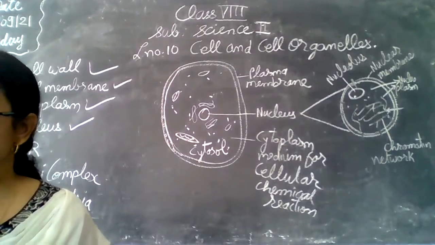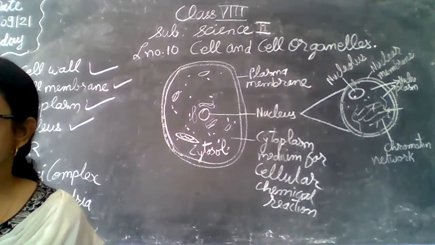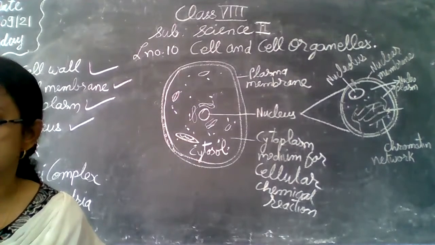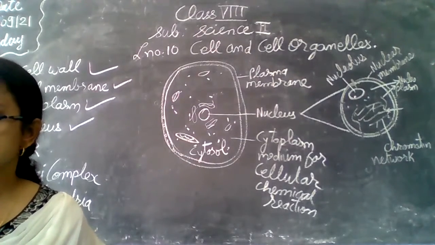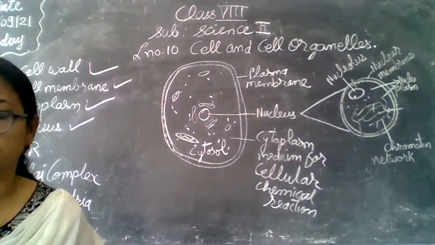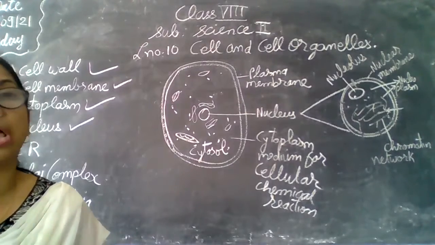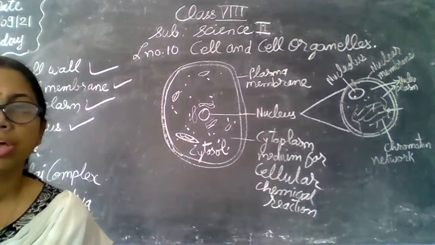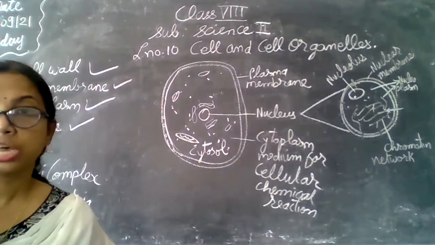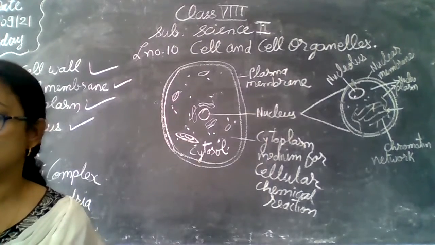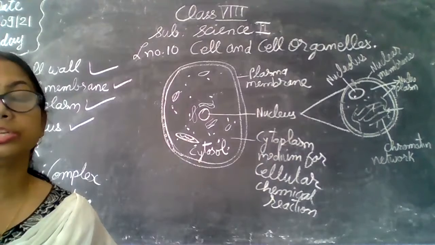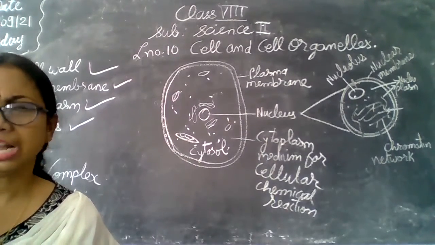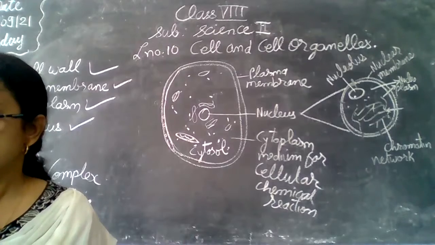Okay. Now, chromatin fibers are very thin thread-like structures which condense to form short and thick chromosomes at the time of cell division only. Otherwise, they are just thread-like fibers spread inside the nucleus. Only during cell division, they are going to become thick and condense.